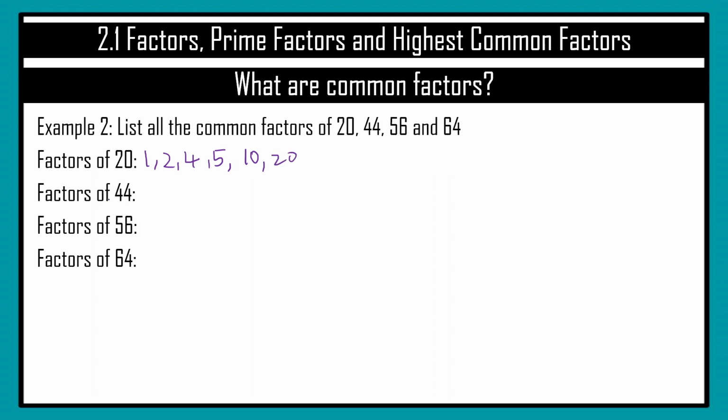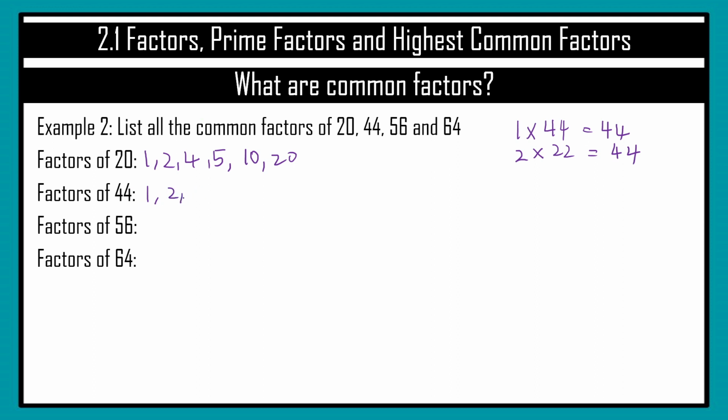And then the factors of 44. We start with 1. You can always do this first: 1 multiplied by 44 gives 44, 2 multiplied by 22 gives 44, and then you can list them out like this. If you are already familiar with how to list out the factors, you can come straight to this.